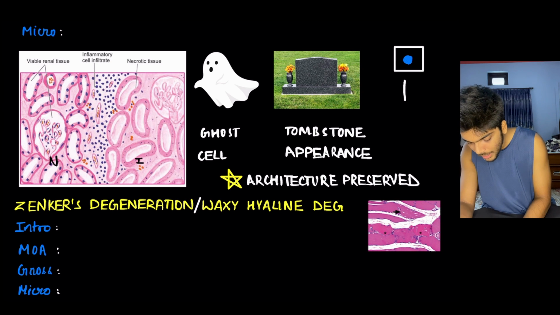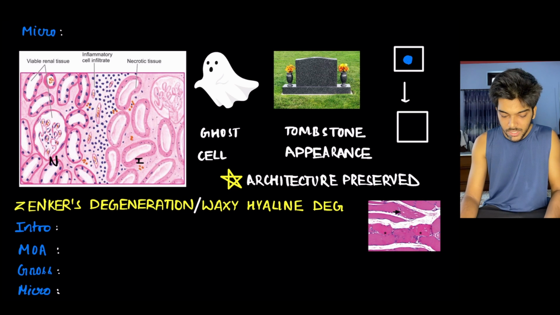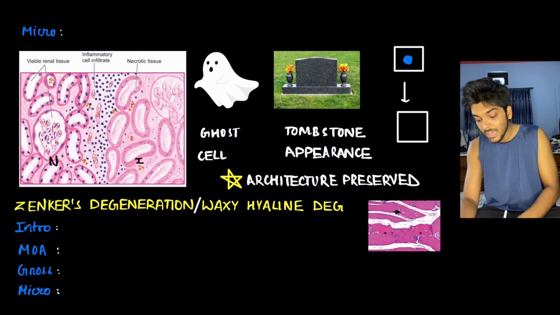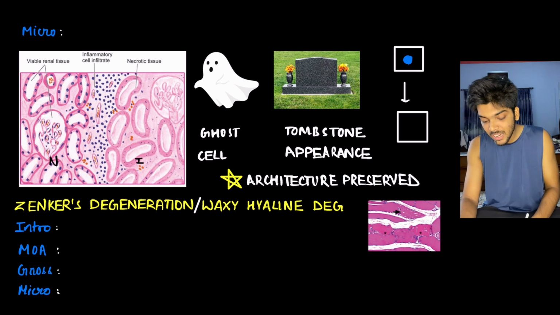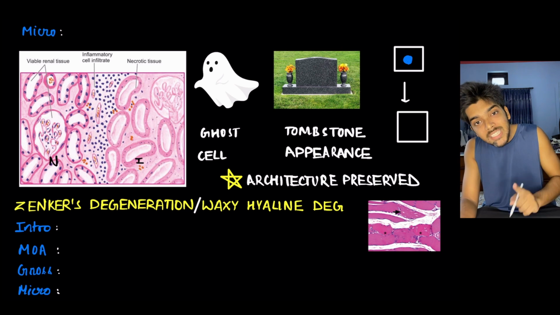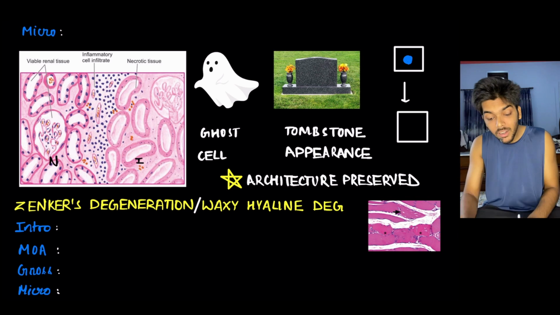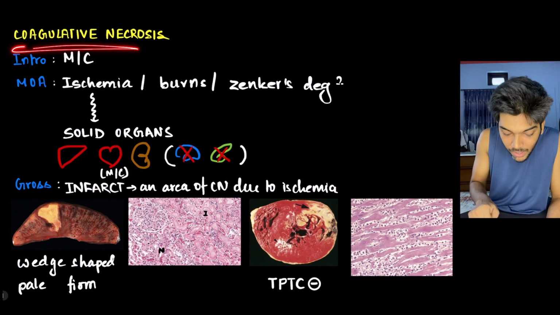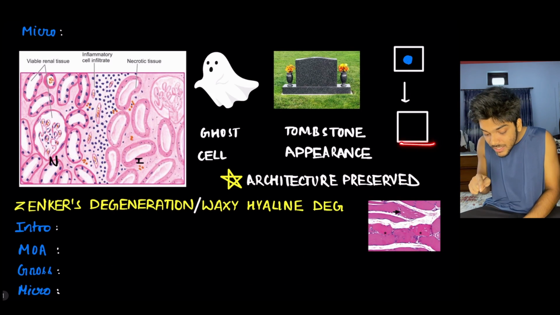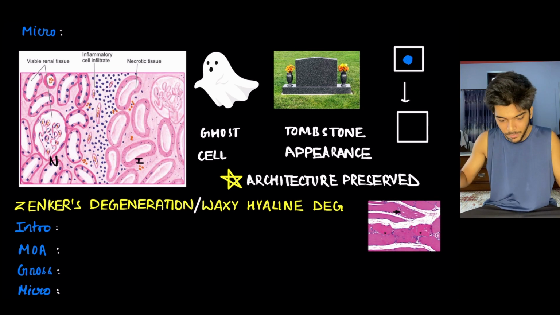When this goes through coagulative necrosis, the outline is still there, but inside it is completely empty. Due to the emptiness, it is called ghost cell or tombstone appearance. And due to the preservation of outline, I'm emphasizing on the fact that architecture is preserved. I'm repeating again and again because it is only in coagulative necrosis that the architecture or the outline is preserved. After that, everything becomes topsy-turvy.